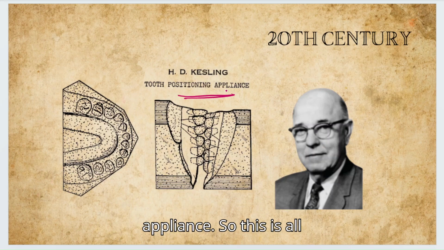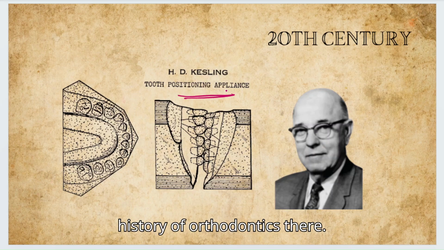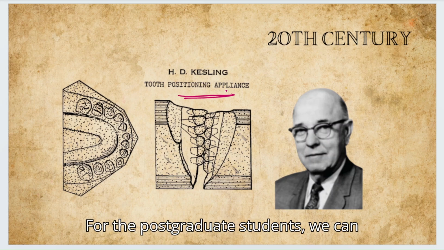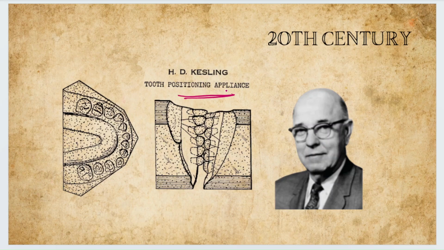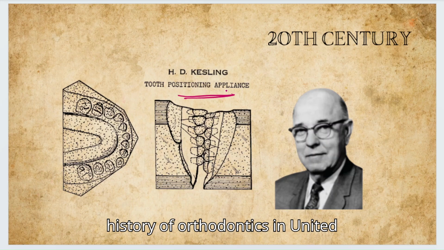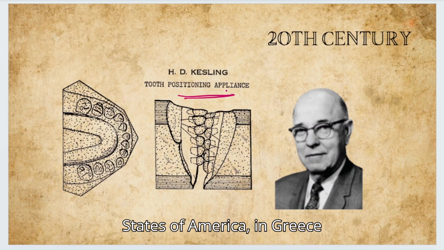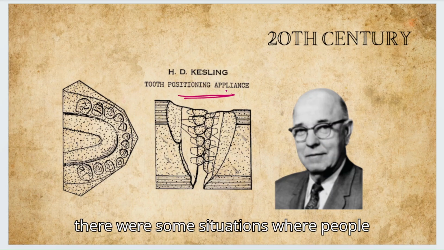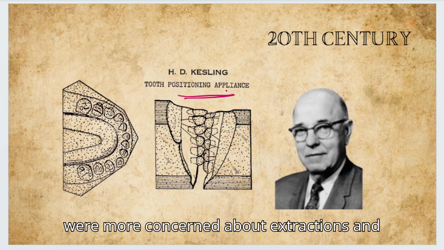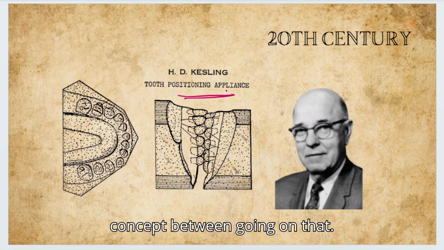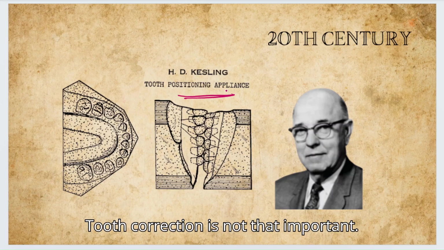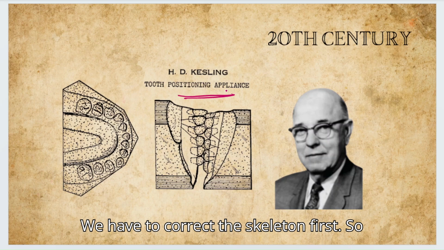So this is all about the basics of the history of orthodontics. For postgraduate students, we can divide the history of orthodontics into the history in the United States of America, in Greece, and in Great Britain, because there were some situations where people were more concerned about extractions and tooth correction, and there was some concept going on that tooth correction is not that important, we have to correct the skeleton first.